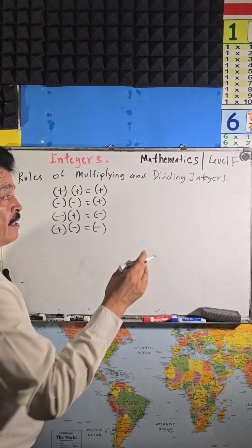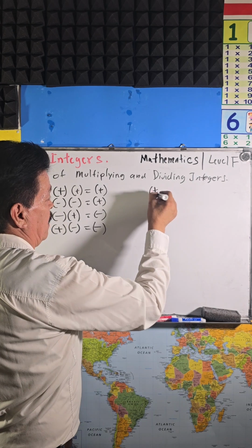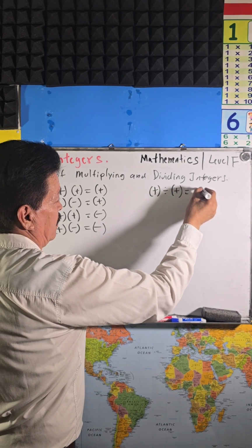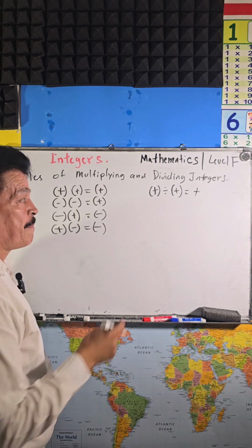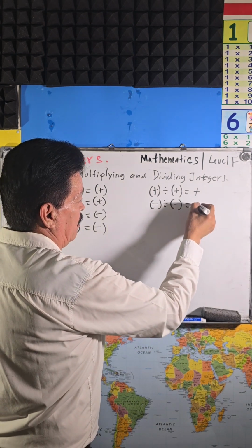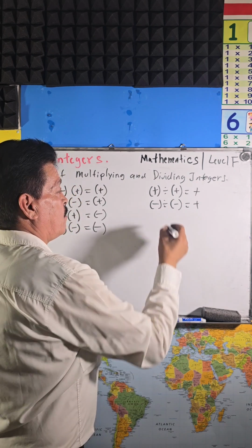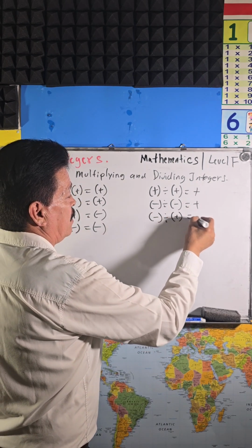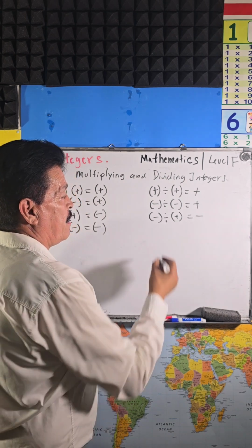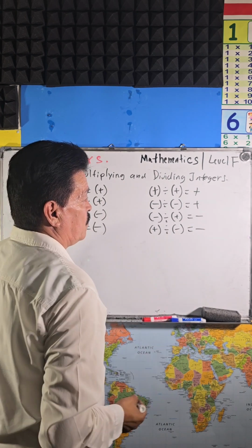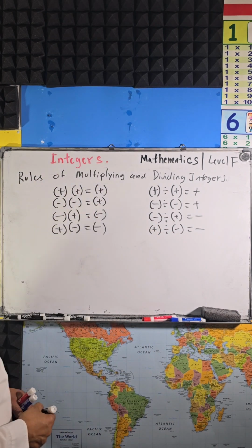When you divide positive by positive, the answer will be positive. When you divide negative numbers, the answer is also positive. When you divide a negative number by a positive number, the answer is negative. When you divide positive divided by negative, the answer is negative. So these are the rules.